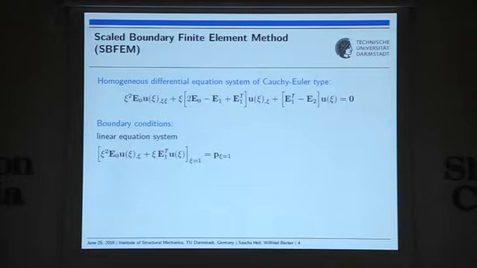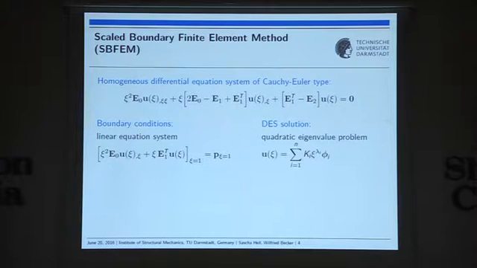So this is the crucial differential equation system of 2nd order, which can be solved with standard methods. This is the linear equation system, which is used to enforce boundary conditions. And here we have the additional parameter P. This results from the loading on the discretized boundary.